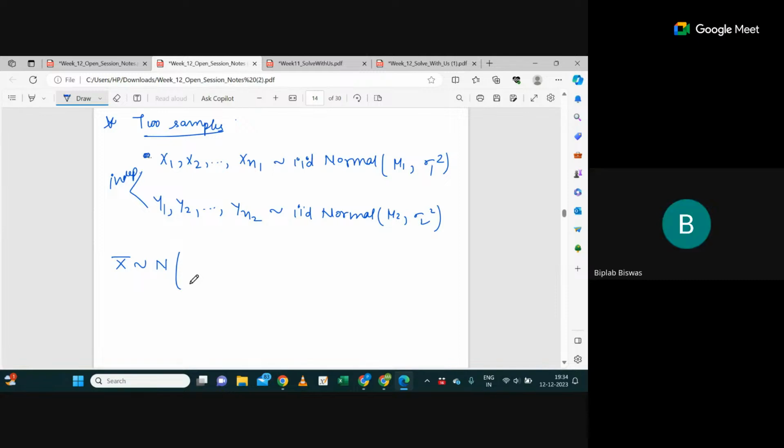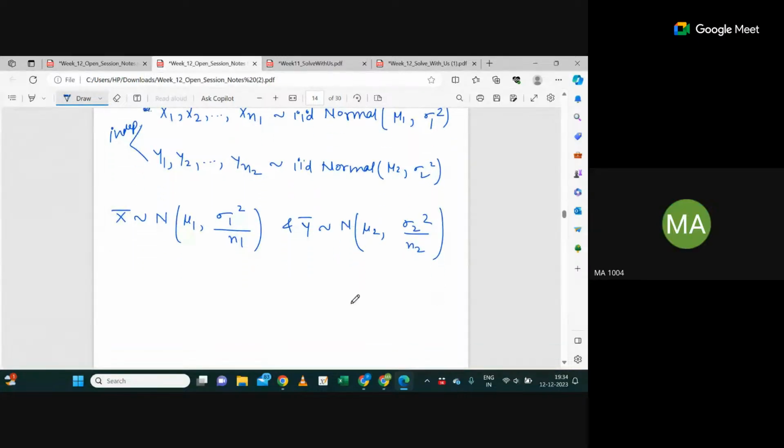So for this case it will be mu1. The variance will be sigma square divided by n, in this case sigma 1 square by n1. And the distribution of y bar is the same, normally distributed mu2 comma sigma 2 square divided by n2.